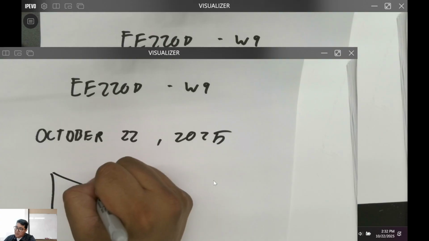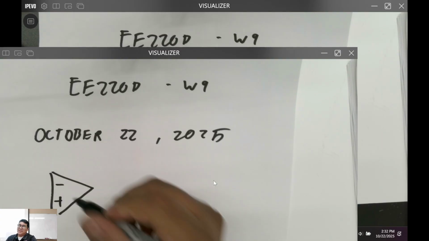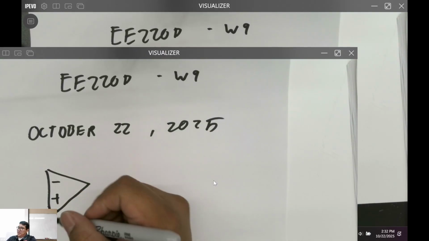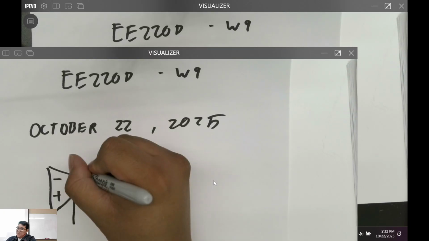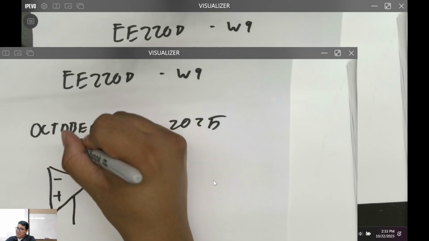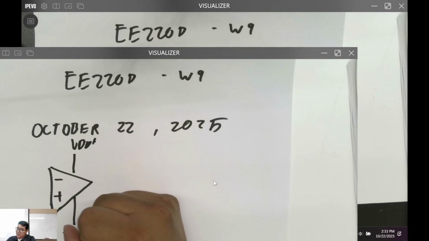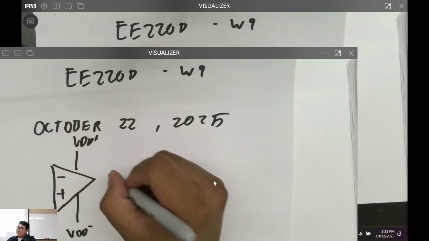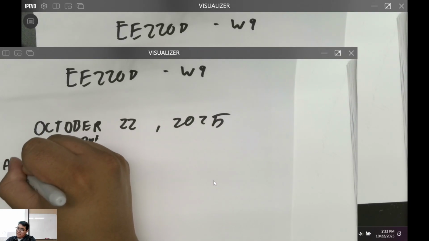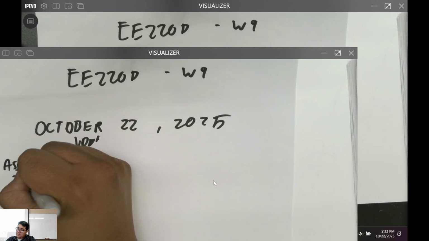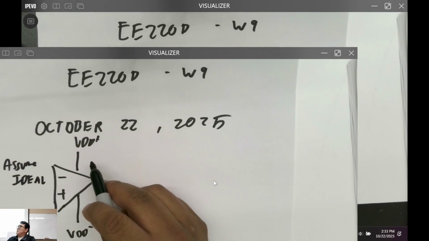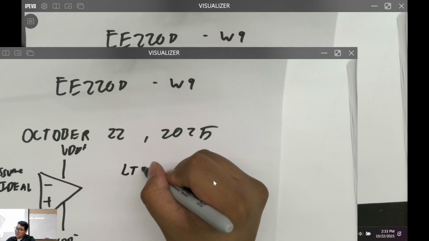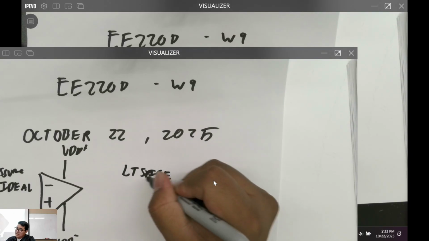So, with your ideal op amps, you already know what's going on from your homeworks. You don't have a positive or minus supply. Here's VDD plus, VDD minus, correct? It's because you're assuming these are ideal. But in practice, when you're using the LTSpice model, it needs this.